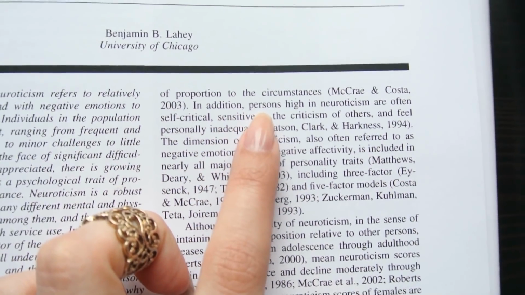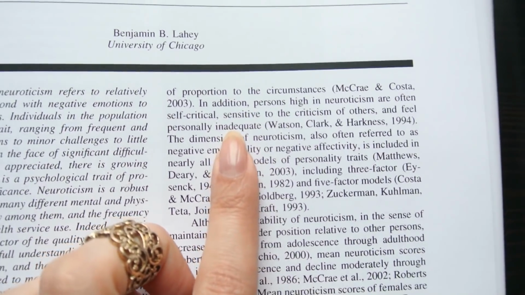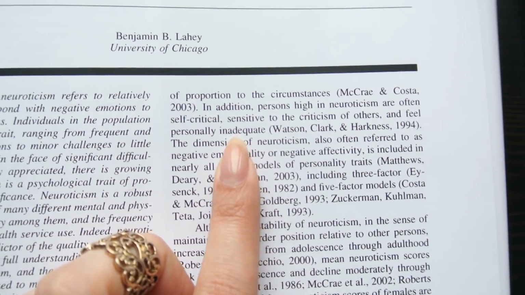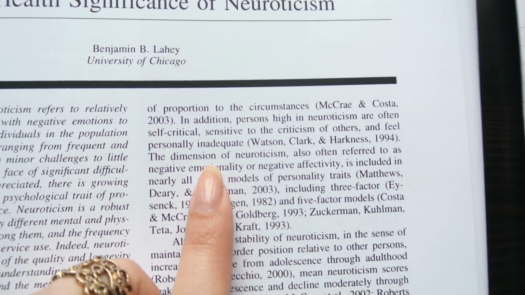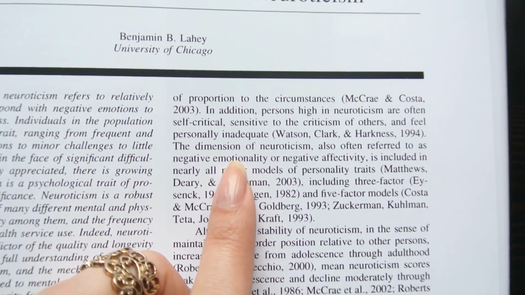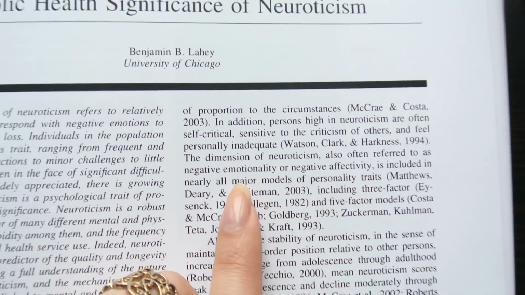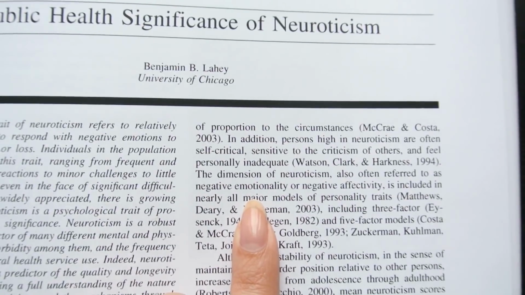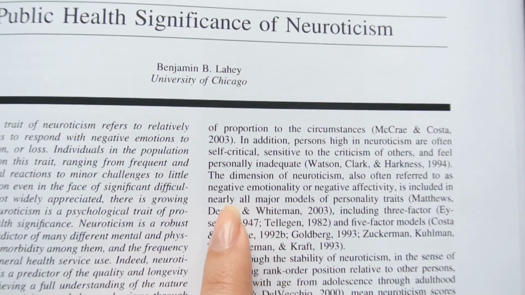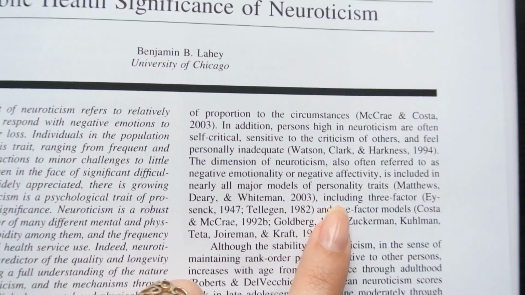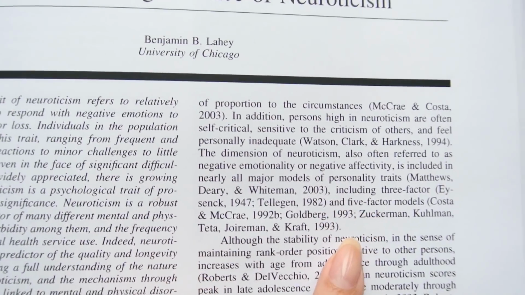In addition, persons high in neuroticism are often self-critical, sensitive to criticism of others, and feel personally inadequate. The dimension of neuroticism, also often referred to as negative emotionality or negative affectivity, is included in nearly all major models of personality traits, including 3-factor and 5-factor models.